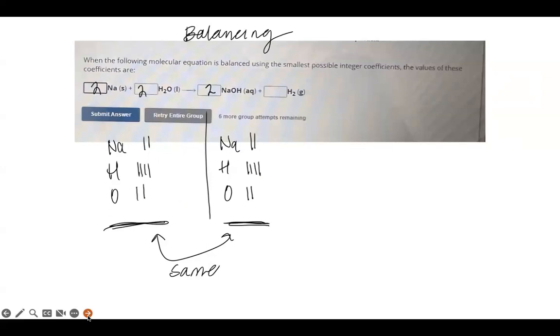So it is now the same on each side. They are now balanced. If you write this on a piece of paper, you might leave off the implied coefficient of 1 here, but I want you to type that implied coefficient of 1.